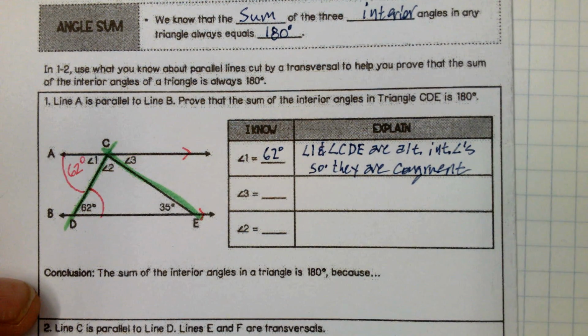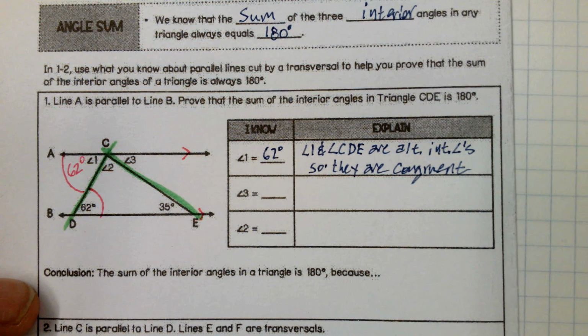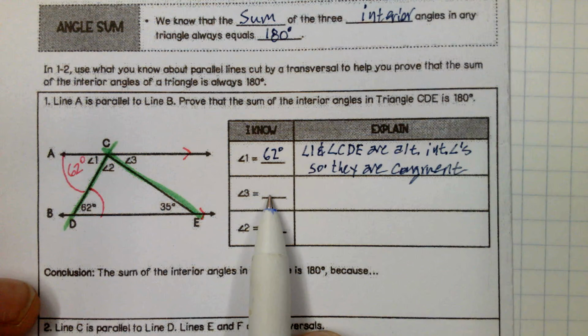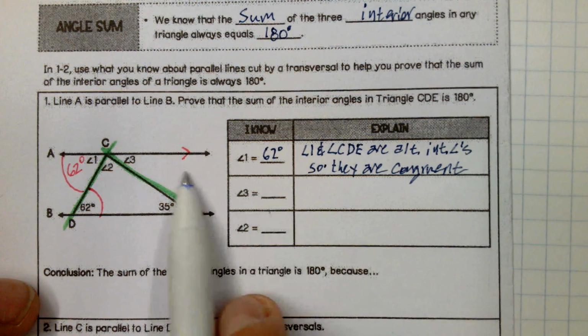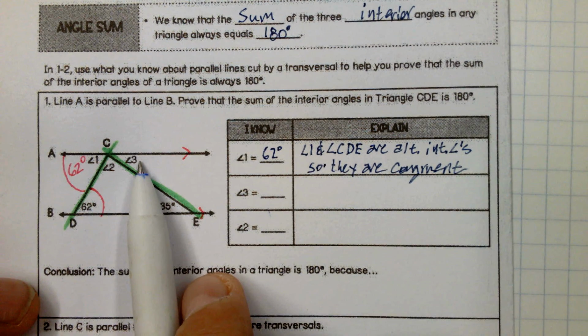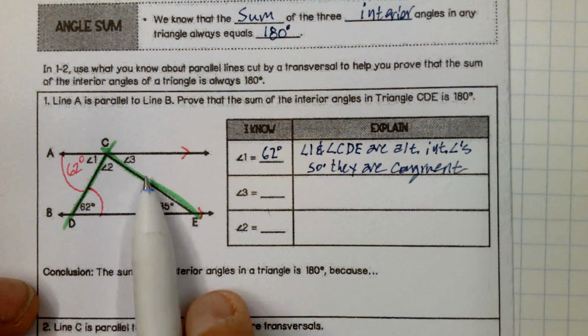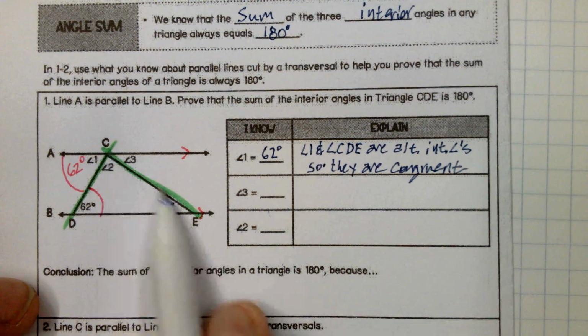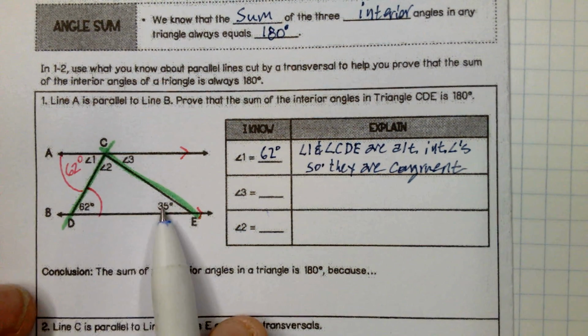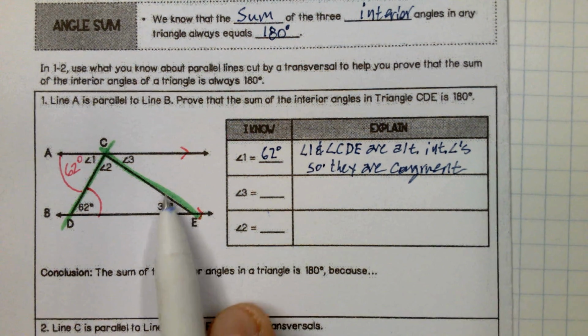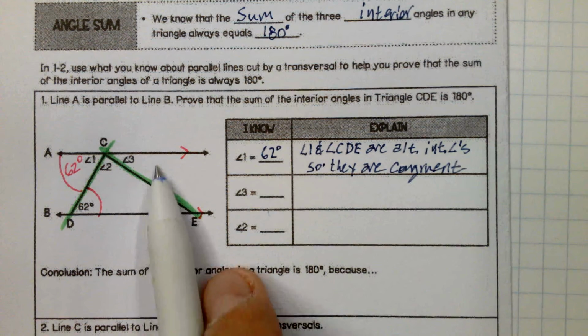Okay? Take a look at angle 3 now. Because the next one they want us to look at is angle 3. Look at angle 3. Okay? So angle 3, what's the connection with angle CED? CED, the one that measures 35. DEC. What's the connection?